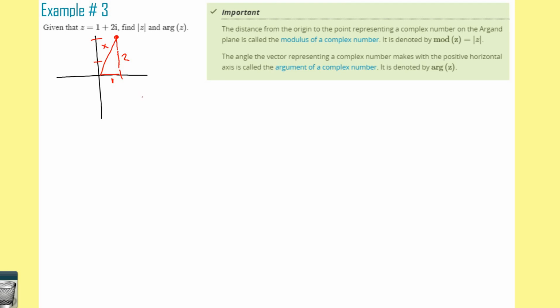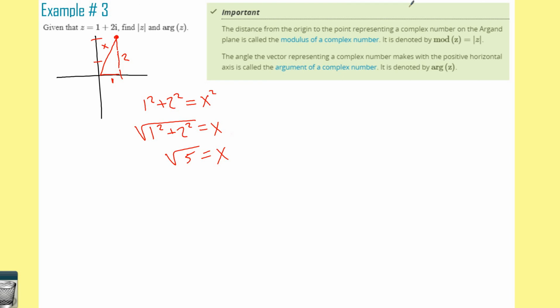So we know that 1 squared plus 2 squared equals x squared. So x is just the square root of the sum of the squares of the coefficients. So you square those numbers, add them, and then take the square root. Okay, so here we're going to get the square root of 5. That is the modulus in this one.